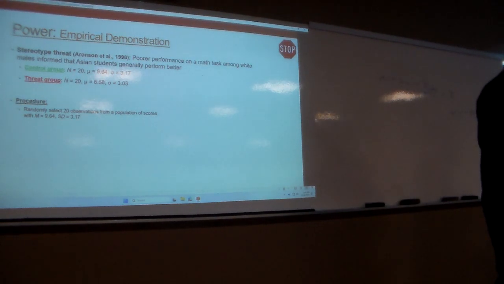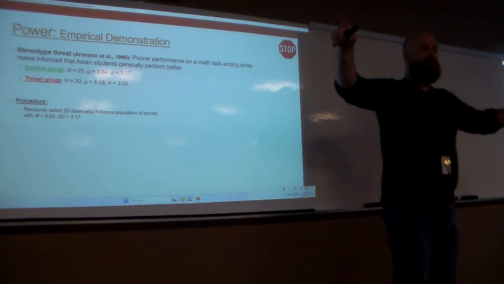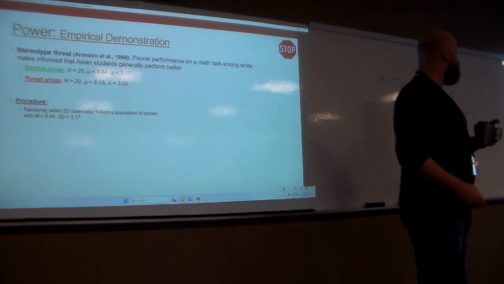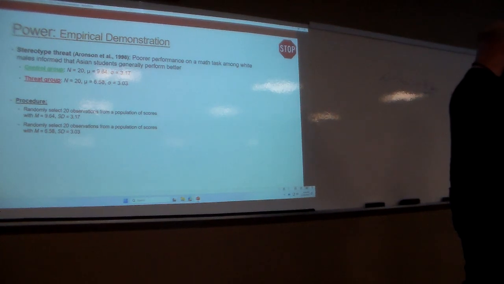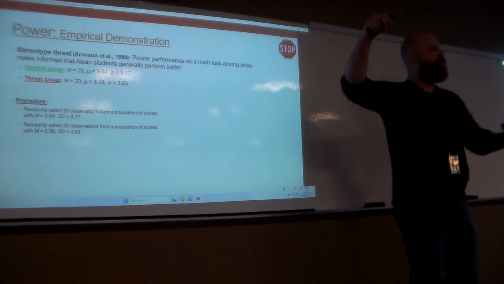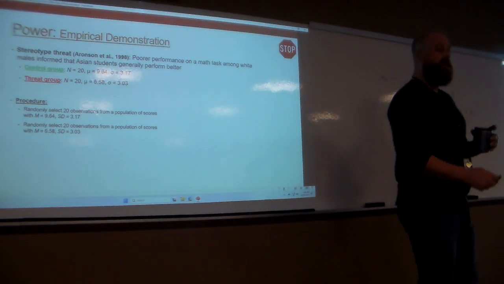I'm going to select 20 observations from that population of scores, okay? Again, it's a distribution. Not everybody has the same value here, but I draw 20 people from this hypothetical distribution. And then I select 20 observations from a population of scores having a mean of 6.6 and a standard deviation of 3. Again, this other basket, a different distribution. I pull 20 observations from this. Okay. People following me?